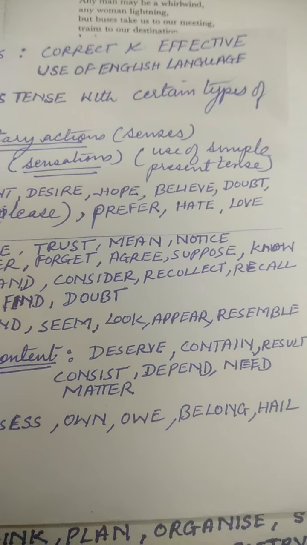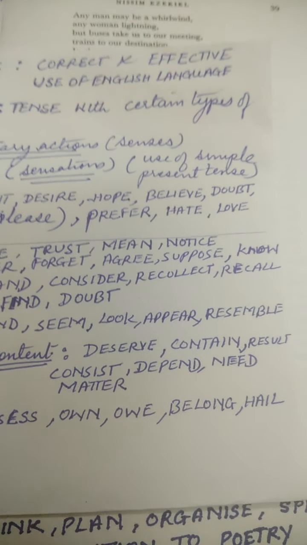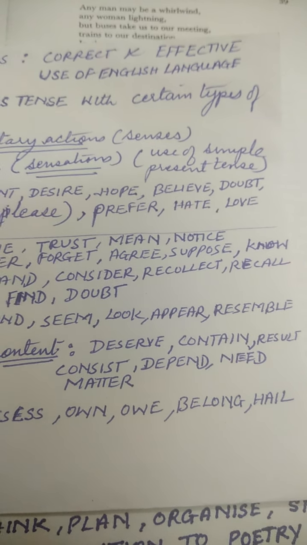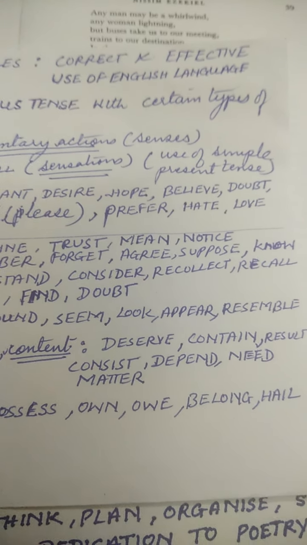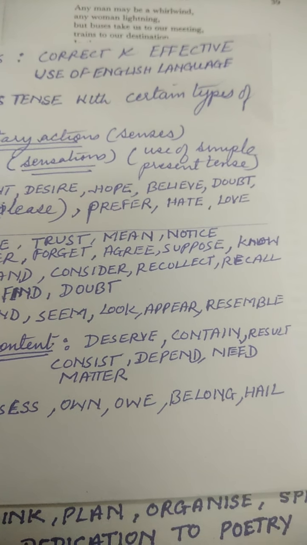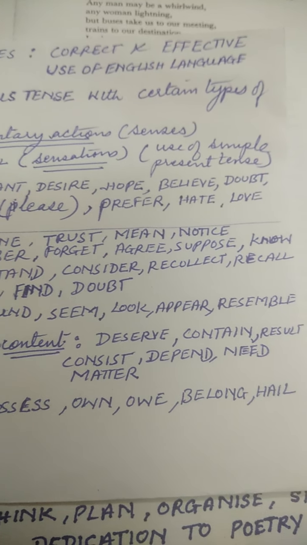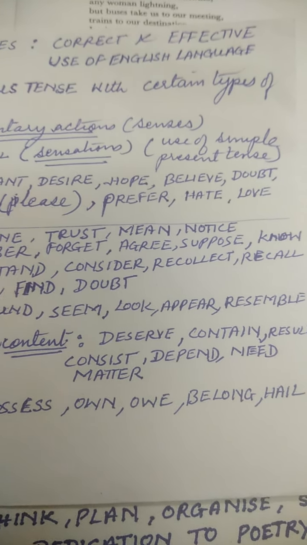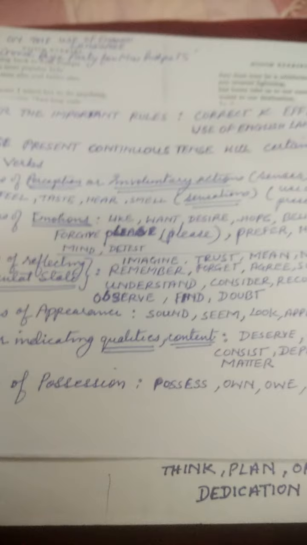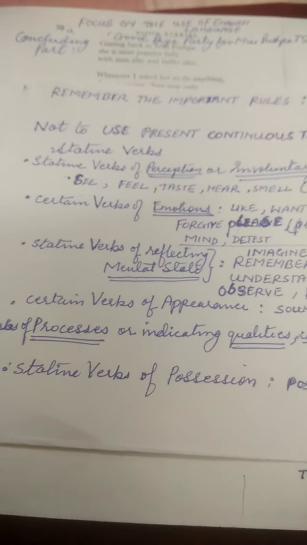And then you have contain: it contains 4 chapters, for instance, or this first unit contains or consists of 5 parts like this. These are common uses, but at least you should know under which category. That's the purpose of this. So in which category?